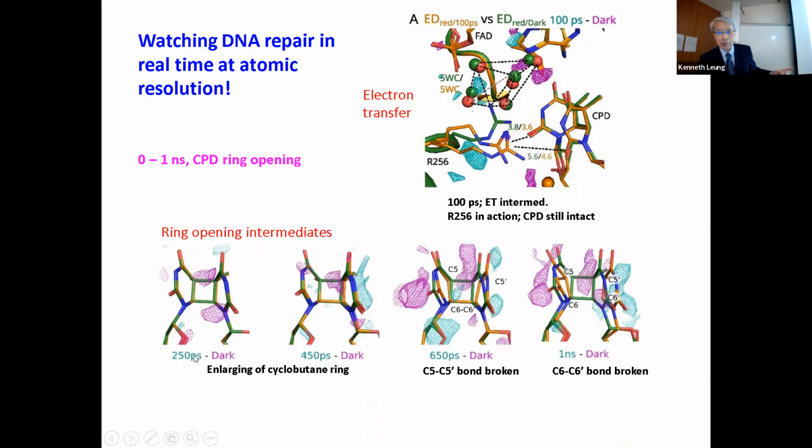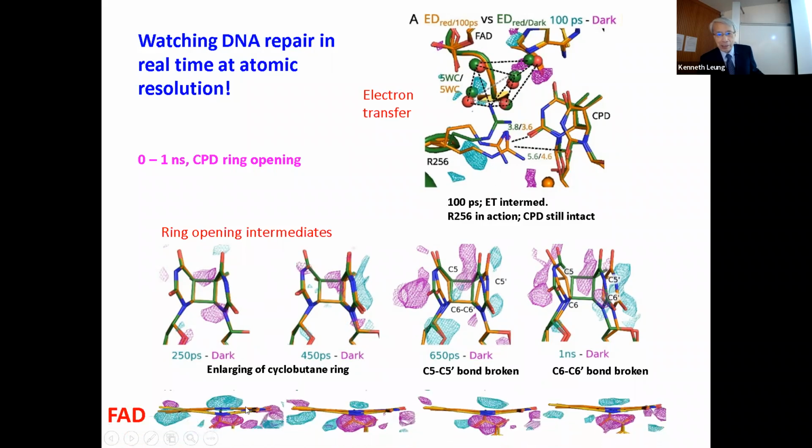This is 250 picoseconds. That's the same thing. I'm singling out this region for you to see. The damaged DNA, nothing has happened yet. But the arginine has already moved, and this is the region of FAD. It has also changed here at 250 picoseconds.